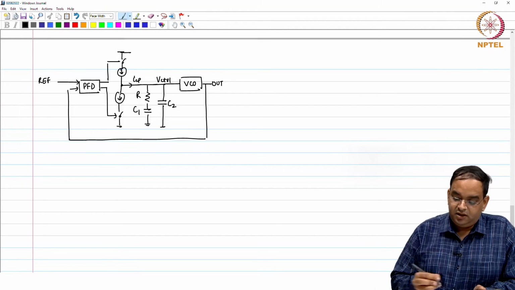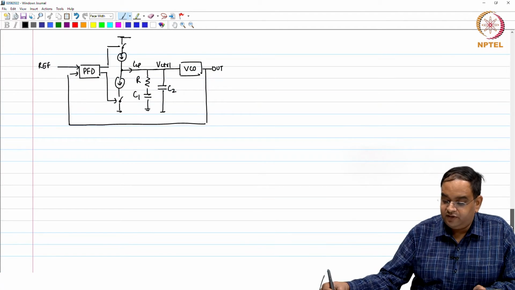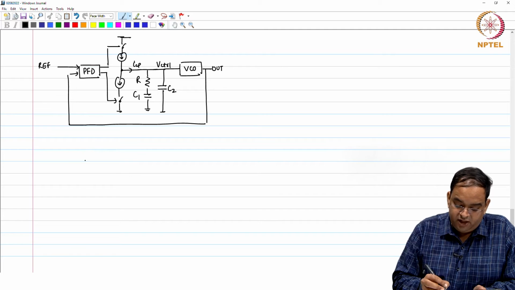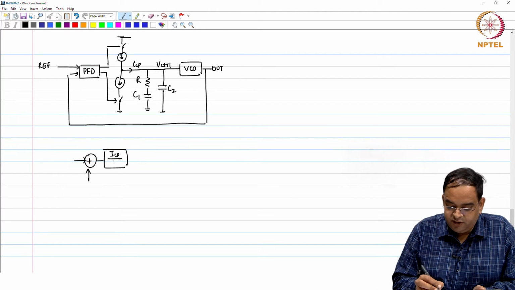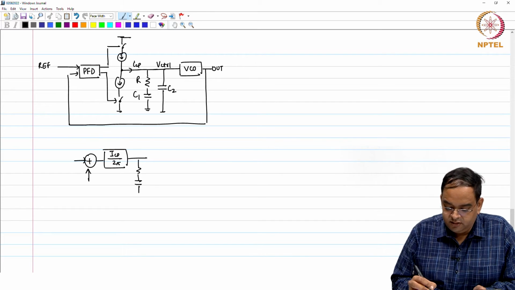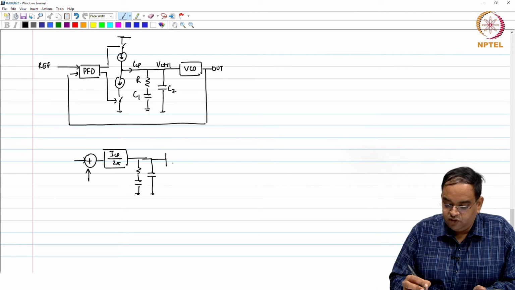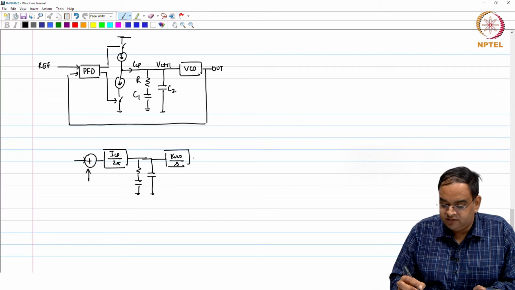The small signal model of this PLL is again a simple one: you have the phase error multiplied by ICP by 2 pi going into the loop filter with C1 and C2, which gets multiplied by KVCO over s.